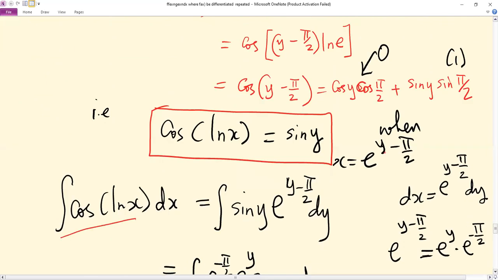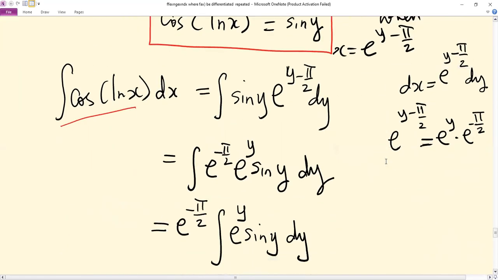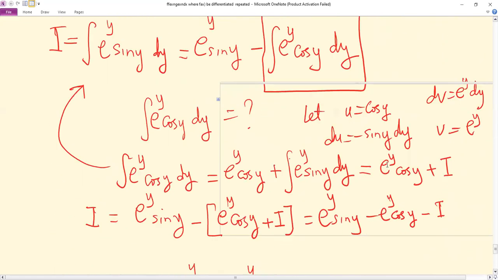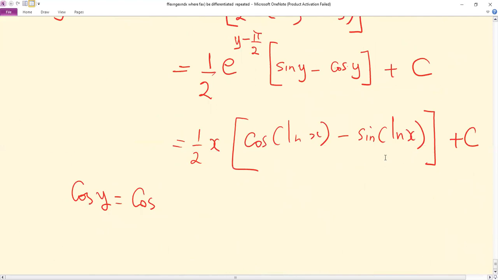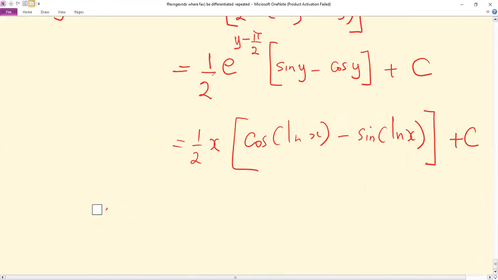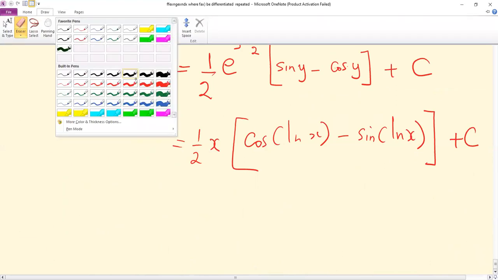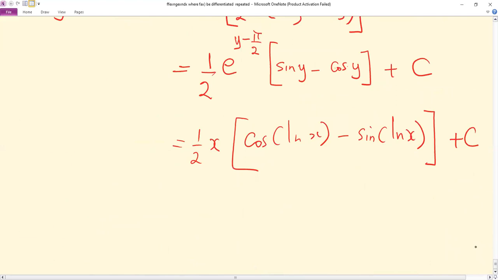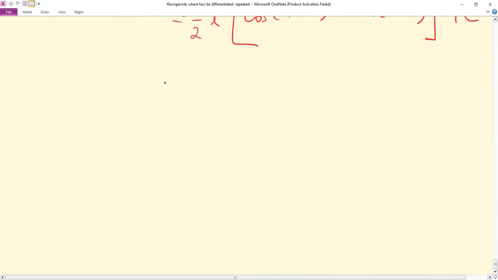At this point here, when you say e raised power, just to convince yourself that cos of y is sine of ln of x, we have said that e raised power y minus pi over 2 is the same as x.